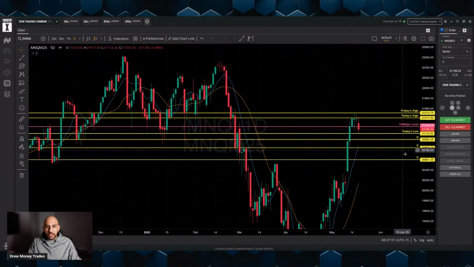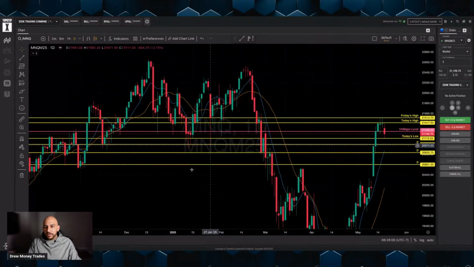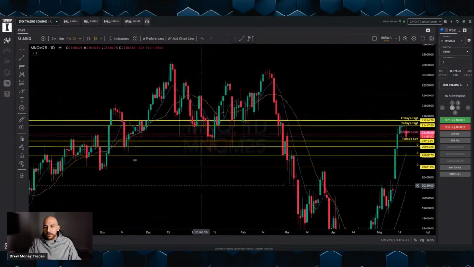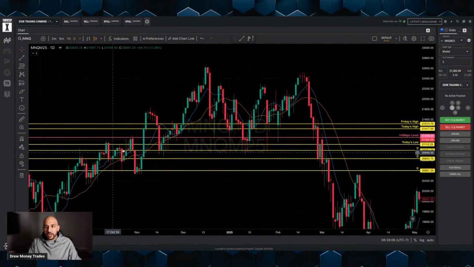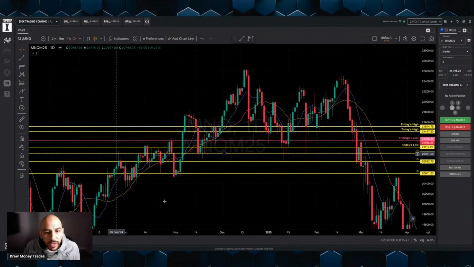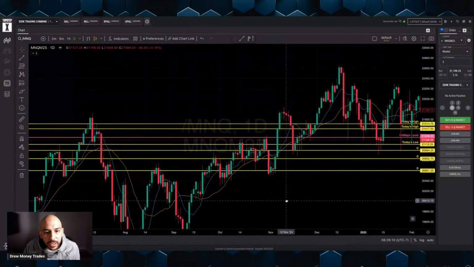As you can see, for example, this daily level at 29,994. We have a bounce right here, a bounce right here, touches right here, touches right there, a touch right there.